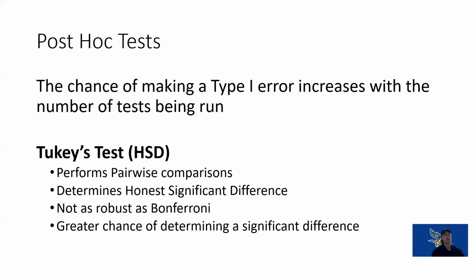So think of Bonferroni as a little bit more conservative, and Tukey's test as a little bit more likely to find a difference. We prefer to use the Bonferroni in more situations than Tukey's test because it's more robust compared to Tukey's honest significant difference.